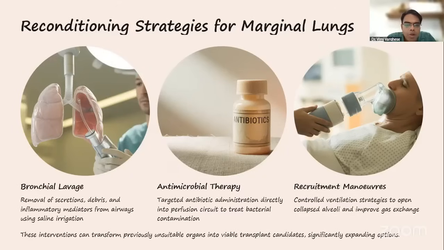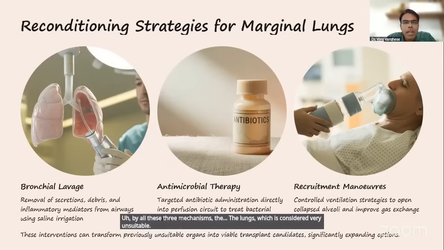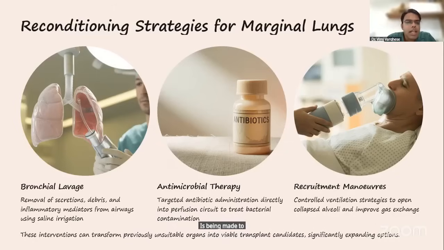You can give an antimicrobial therapy, or you can have different recruitment maneuvers from a ventilation point of view. So by all these 3 mechanisms, the lungs which are considered very unsuitable are made suitable, or we can recondition the donor lung and reevaluate the donor which is considered unsuitable.